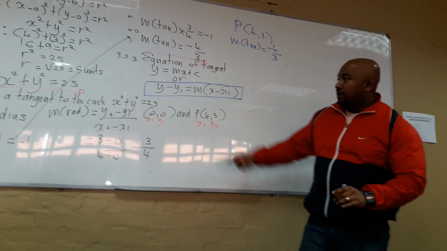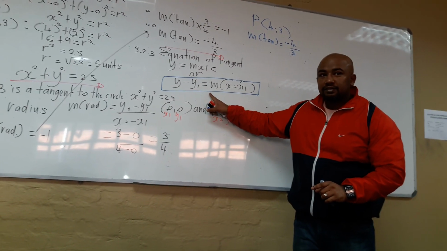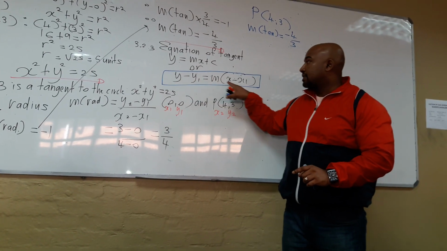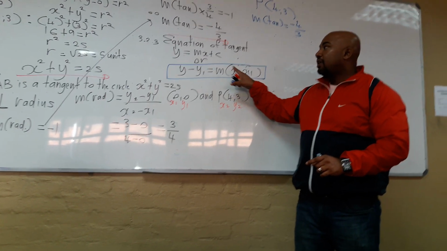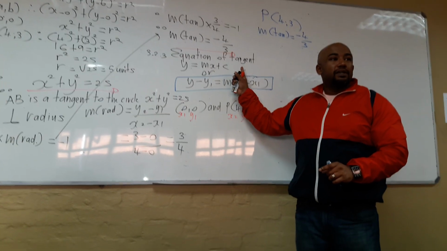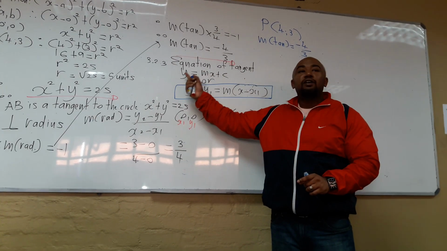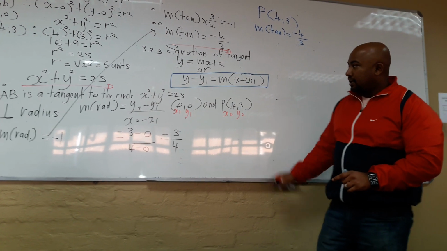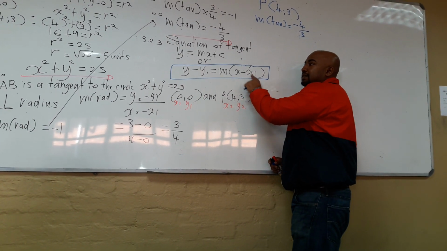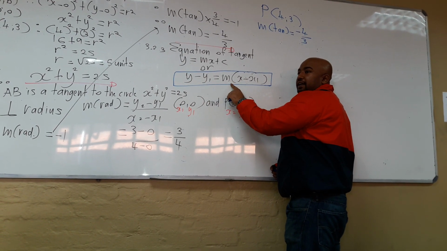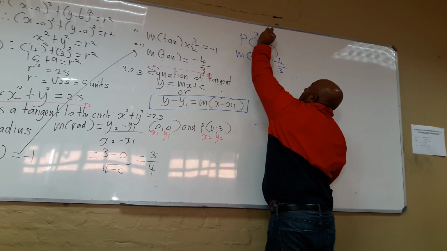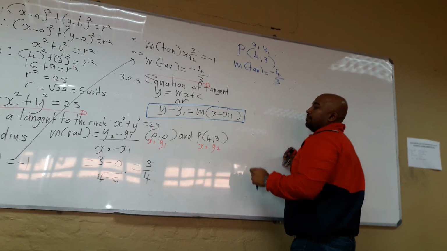Now, if I am using this formula, then I am not substituting for y and x. Only if I use y is equal to mx plus c, then I substitute for x, y and m. If I am using the point gradient form, I will substitute for x1, y1 and m. So you will call this one x1, y1 and there's your m.